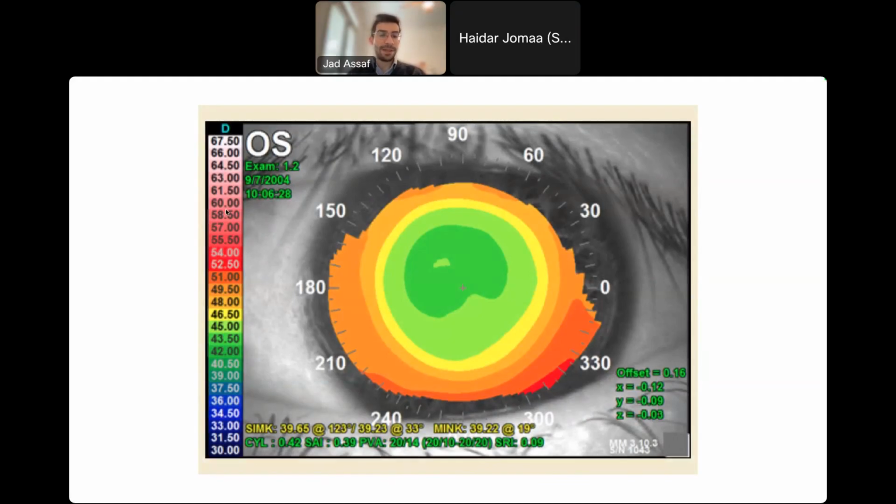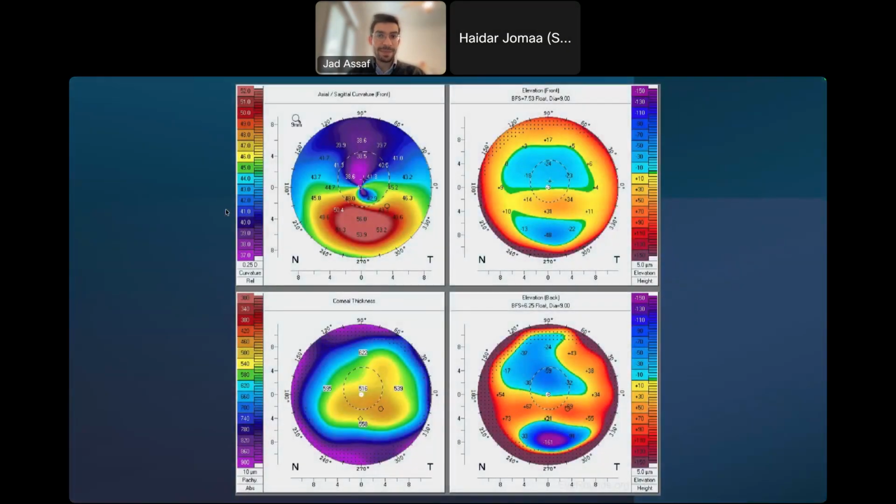And this is the basis of a lot of cornea imaging as well as retina imaging. And in this case, areas of similar colors represent similar elevation points. And this is an elevation map of the cornea. We can take this elevation map of the cornea and apply multiple mathematical formulas on this map specifically and convert this elevation map into curvature maps, thickness maps, elevation of the front part of the cornea or of the back part of the cornea, epithelial thickness maps, so on and so forth.